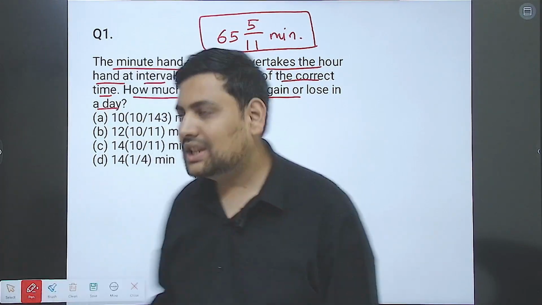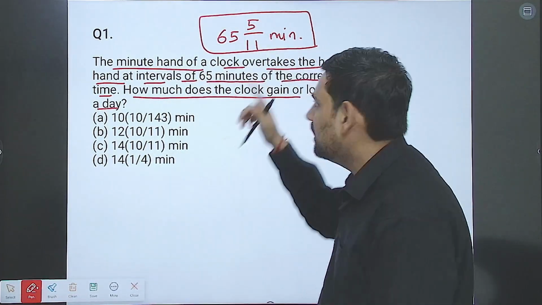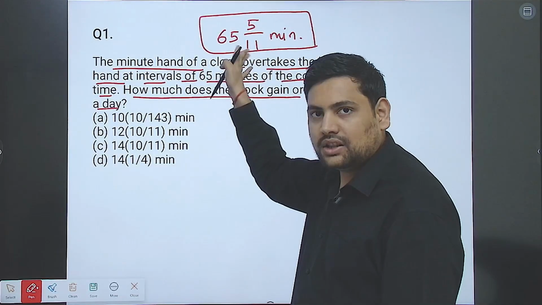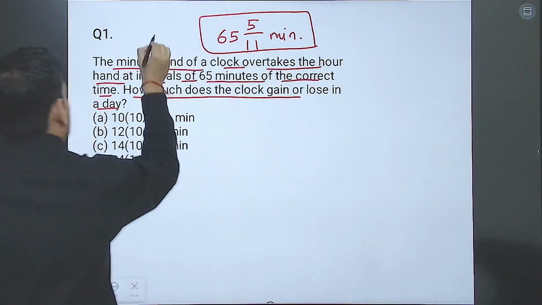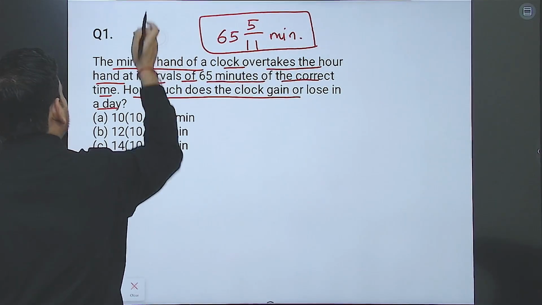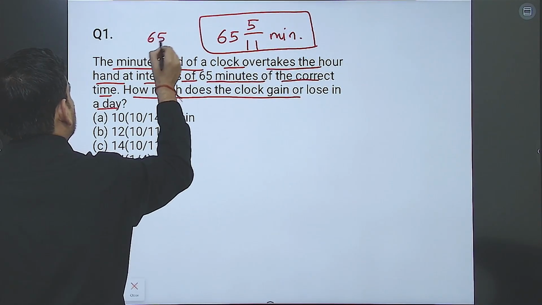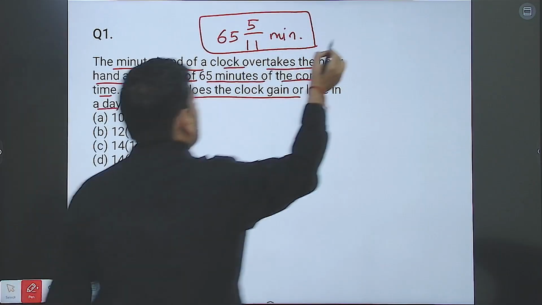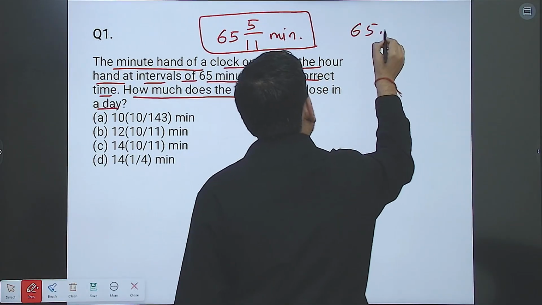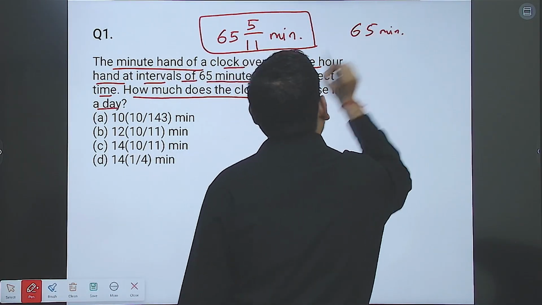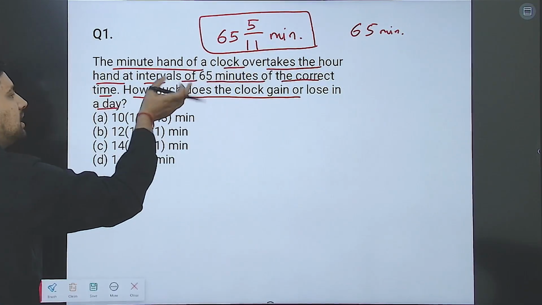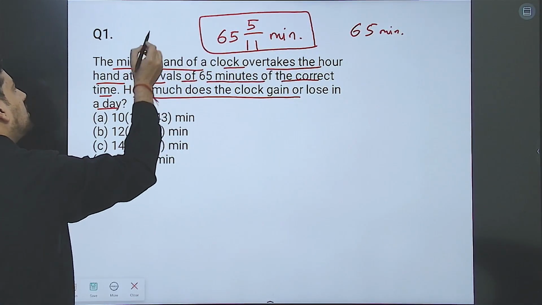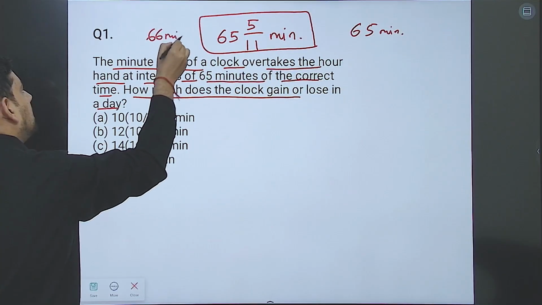Now sometimes they will give you a clock that will take less time than this to meet. Let's say that will take 65 minutes to meet. And they can also give you a clock which will take even longer than this, let's say 66 minutes.